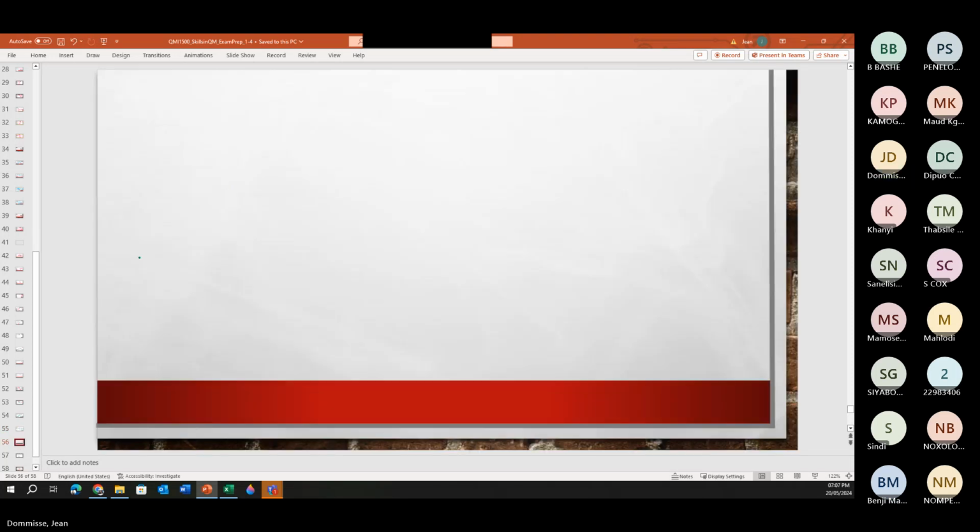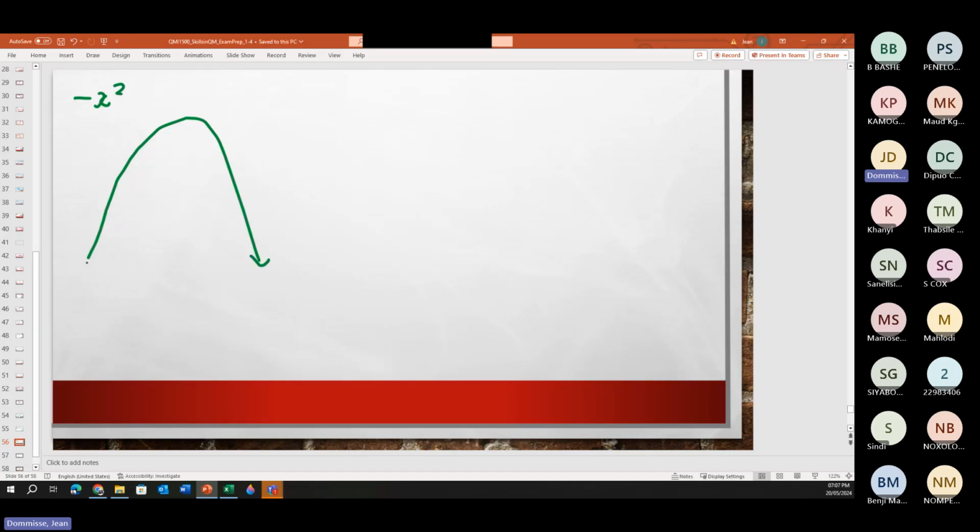Because that formula was minus x squared, we know that it's going down. So wherever you're looking for the maximum point, it will be at the turning point. That is where the maximum point will be. All the other points will be smaller.